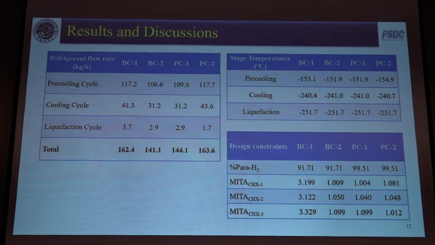And when we looked at the minimum approach temperature, you see the unoptimized case is more than 3, but in the optimized case we have slightly above 1, which is a very good result. Similarly, the para-hydrogen composition, I showed you 99.5%, and the stage temperatures for this process are almost the same in all cases, with only slight variations.